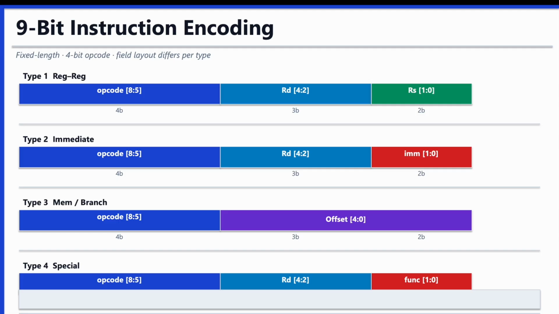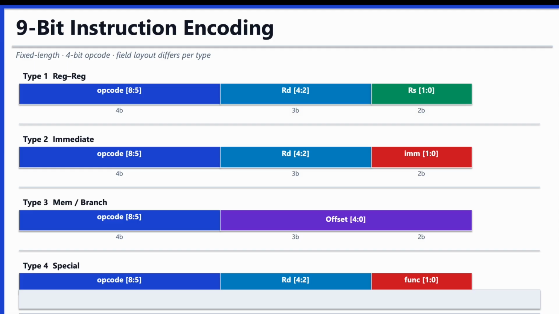Given that we only have 9 bits to work with, we have to design our instruction in a very smart way so that we're not wasting any bits because we have so few. Now, in order to support these 3 programs, we have to have enough instructions. So at first, we would use 4 bits as the instruction opcode, which allows us to support at least 16 instructions.